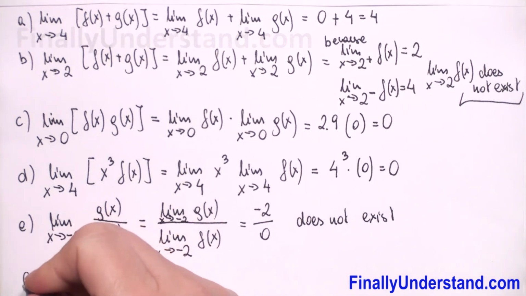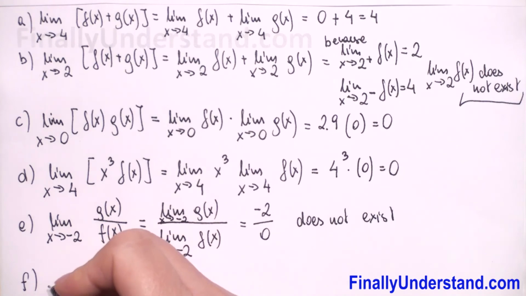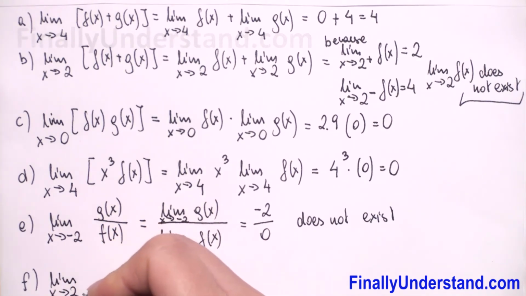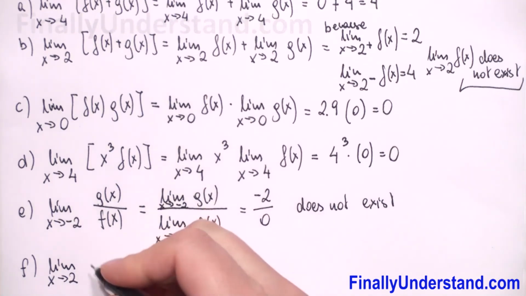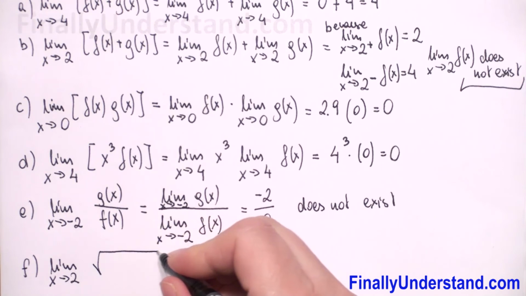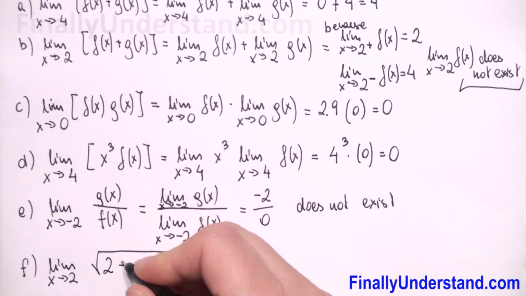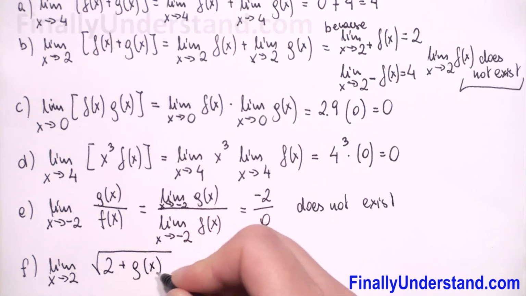And the last example, we have the limit as x approaches 2 of the square root of 2 plus g of x.